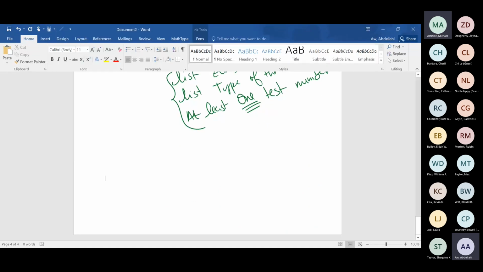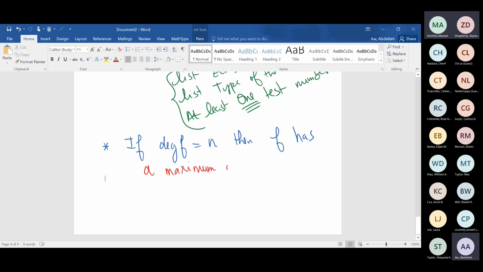A polynomial f of x, if the degree of f is equal to n, then f has a maximum of n zeros, a maximum of n zeros, right?